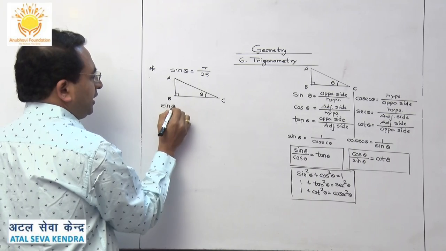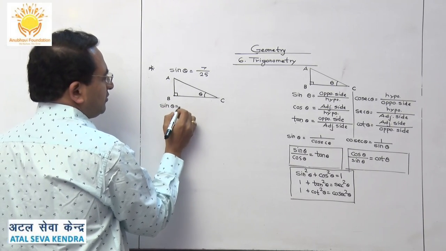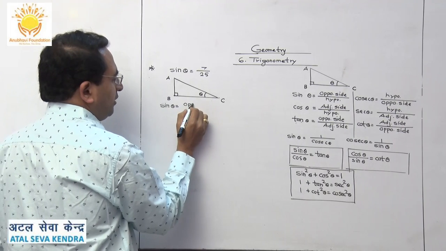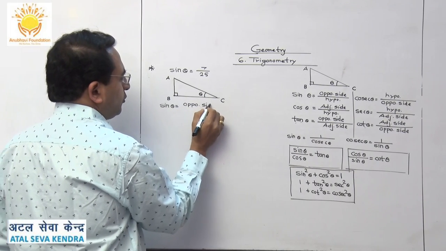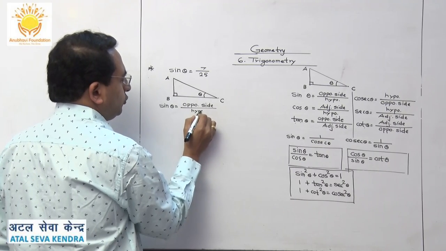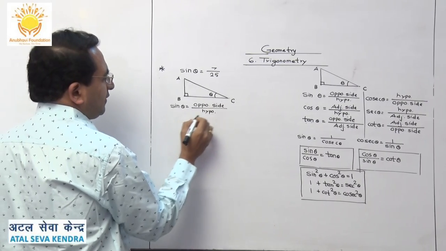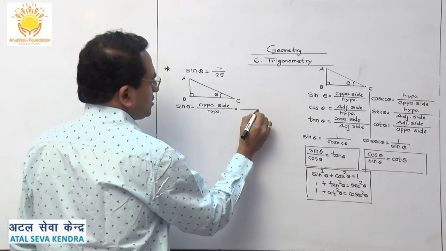Now, sine of theta is equal to, I will write a formula first. Sine of theta, the formula which I know is opposite side upon hypotenuse. Is it right? So what will be the value that I can write here in front of this?